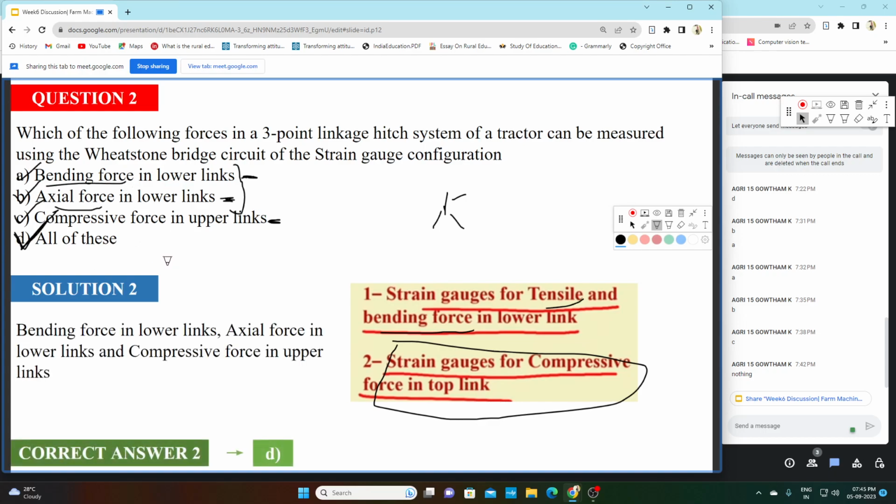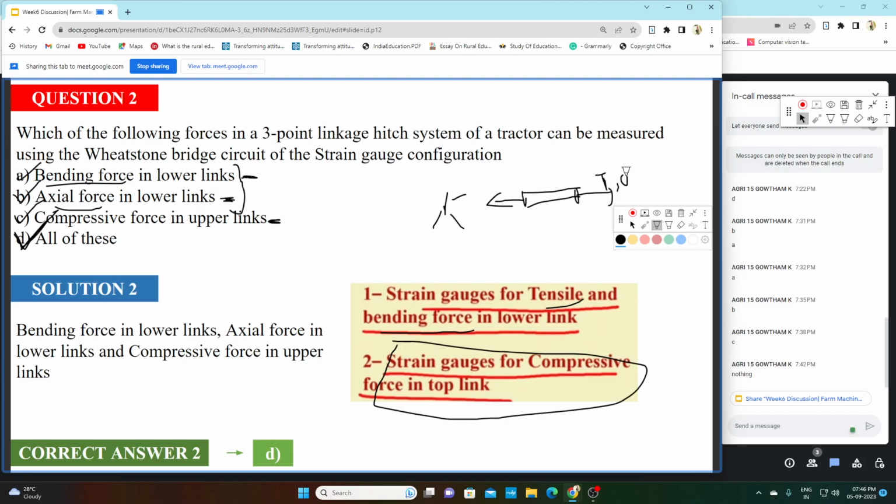Okay. So what is meant by axial force, sir? It means force along the shaft, sir. Yeah, axial force is your tensile force only. If this is your bar, and we are pulling it, this force is known as tensile force or axial force.